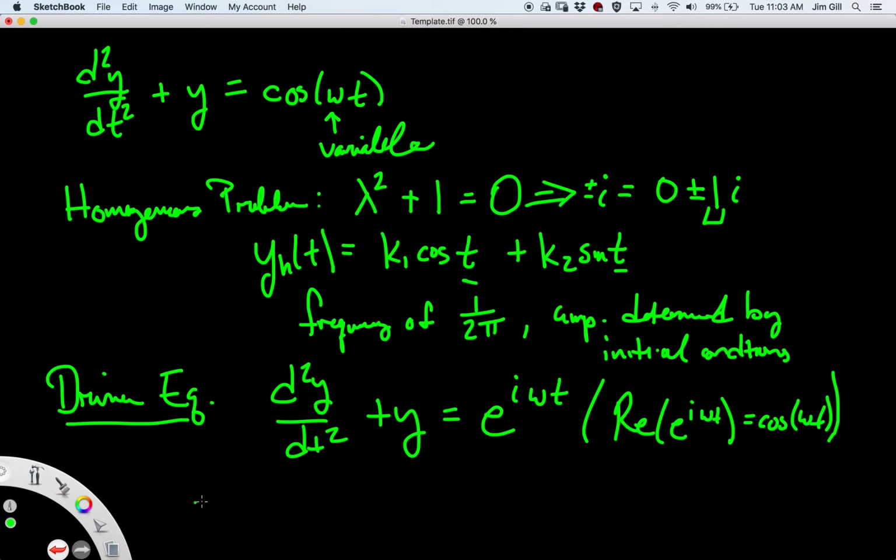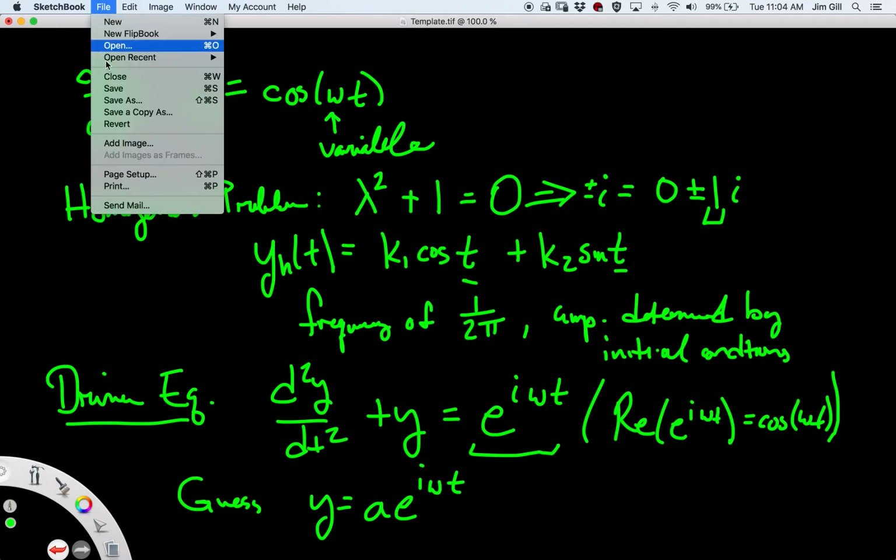And of course, the way we've been solving these is we guess that our solution is going to have this behavior. It's going to look like e^(i omega t). So we're going to guess y is equal to a times e^(i omega t). Now that's our guess, and now we have to compute with it to figure out the actual constants here. So let's continue and compute.